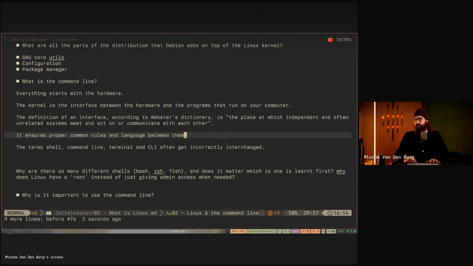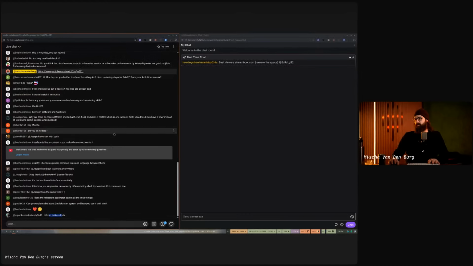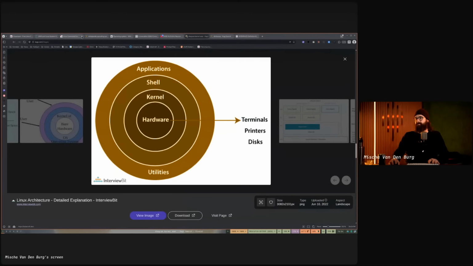Okay, let's go. So we established that we have the kernel, we have the shell, and then we have the applications, okay? So in order for me as a user to issue commands to the hardware, I need to talk to the kernel. But the kernel does not provide a direct interface for me as a user to talk to.